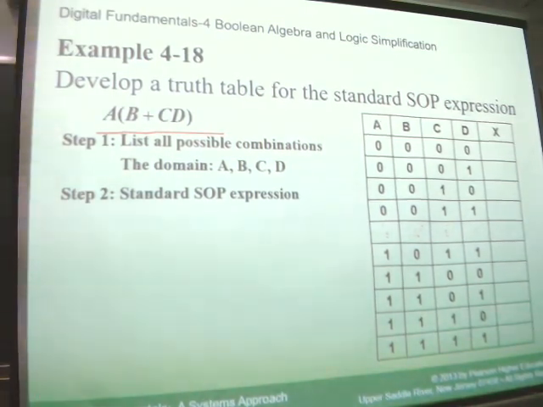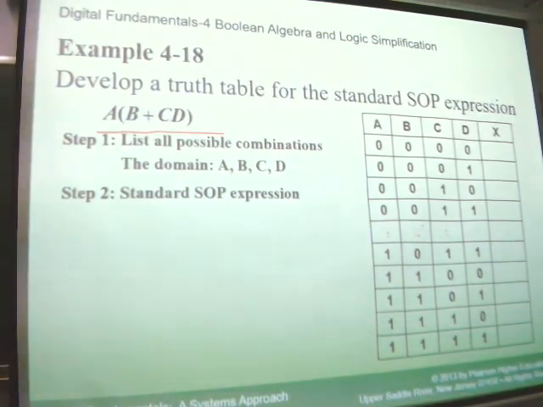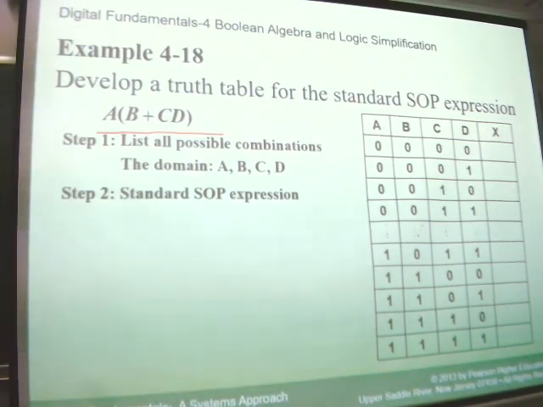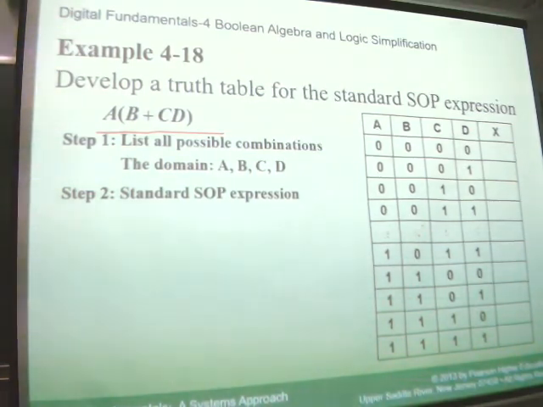Then according to the distributive law, we know that this expression is equal to A, B, C, D plus A, B, C, D bar.